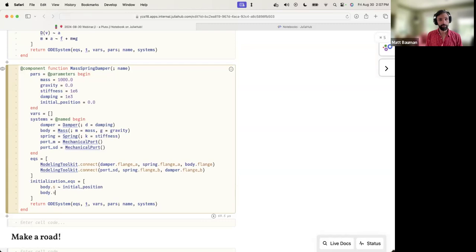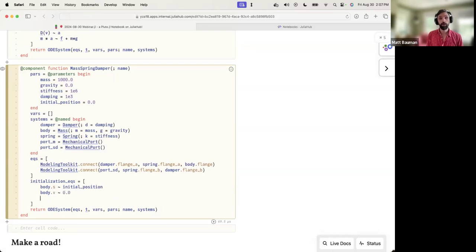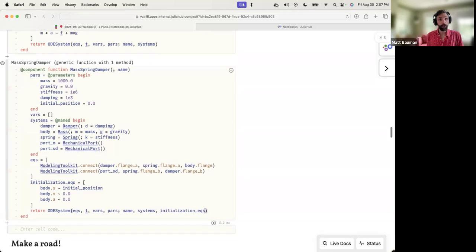And our body.velocity, let's set that as 0. Our body.acceleration, let's set that to be 0. And then we need to pass in our initialization equations to the system itself. And that is done like that. So now we have a complete mass spring damper, and we can actually model this.